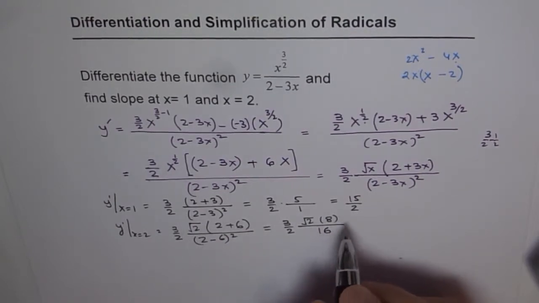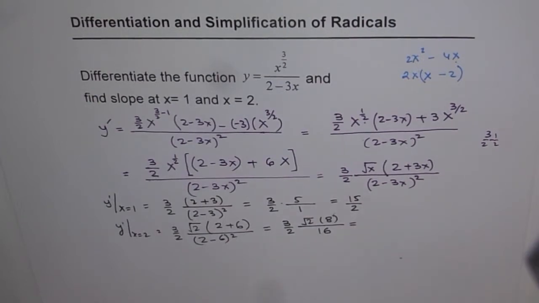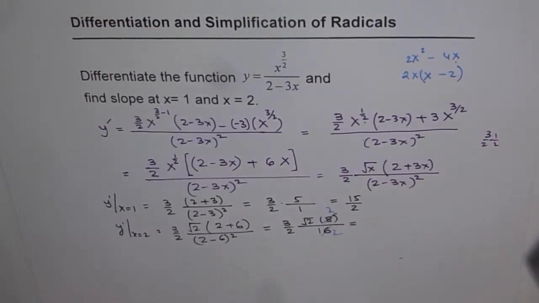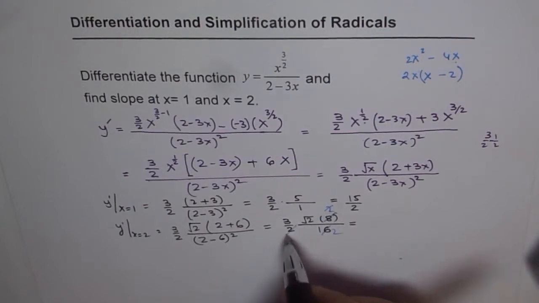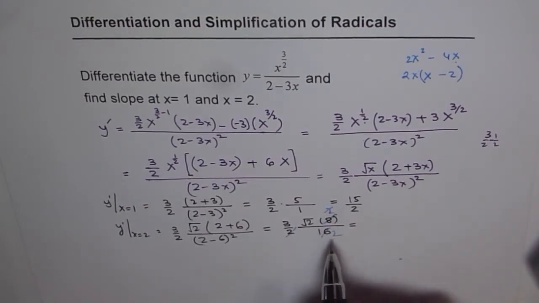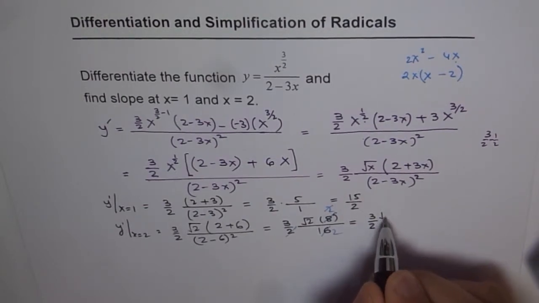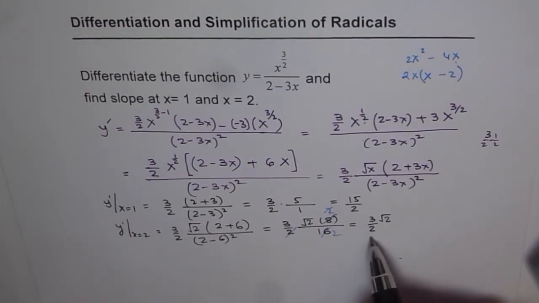So we get 16 here. So this could be simplified. 8 goes 2 times, and then this 2 and 2 will cancel out. So we are left with 3 over 2 square root 2, right? So this is a better way of writing rather than writing 3 over square root 2, right?